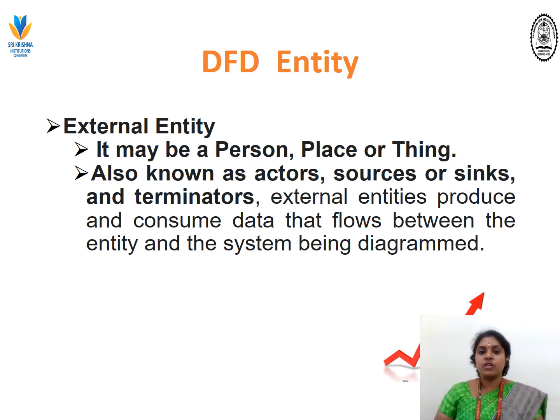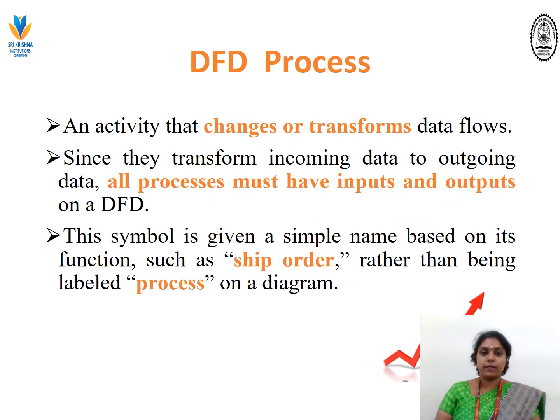Everything will be mentioned by using this entity, and all the levels of DFD are also regarding this entity. An external entity produces and consumes the data that flows between the entity and the system being diagrammed. Okay, so this is the work of an external entity.